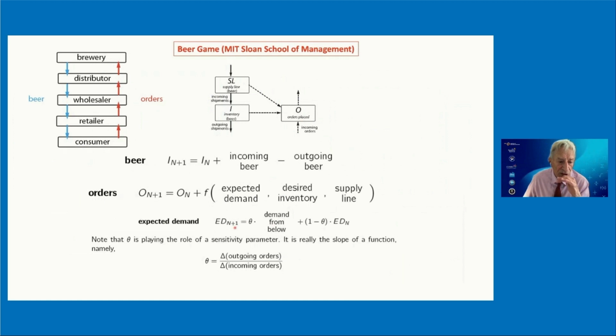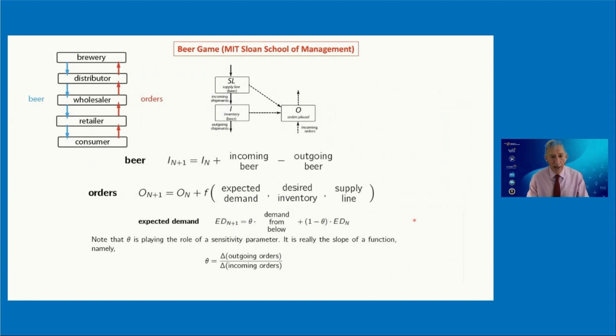In particular, you, the player at that level, get to specify the expected demand, how sensitive you will be to the expected demand, and if theta equals 0, then your expected demand on the n plus first term is simply equal to your expected demand on the n. You do not change at all. Your sensitivity is 0. But if you set theta equals 1, now you're totally sensitive to incoming fluctuations.